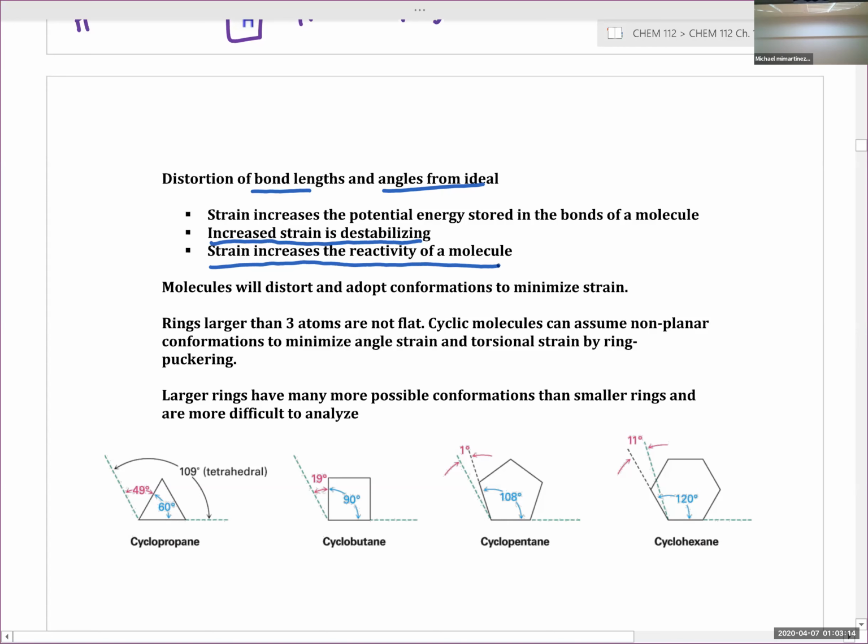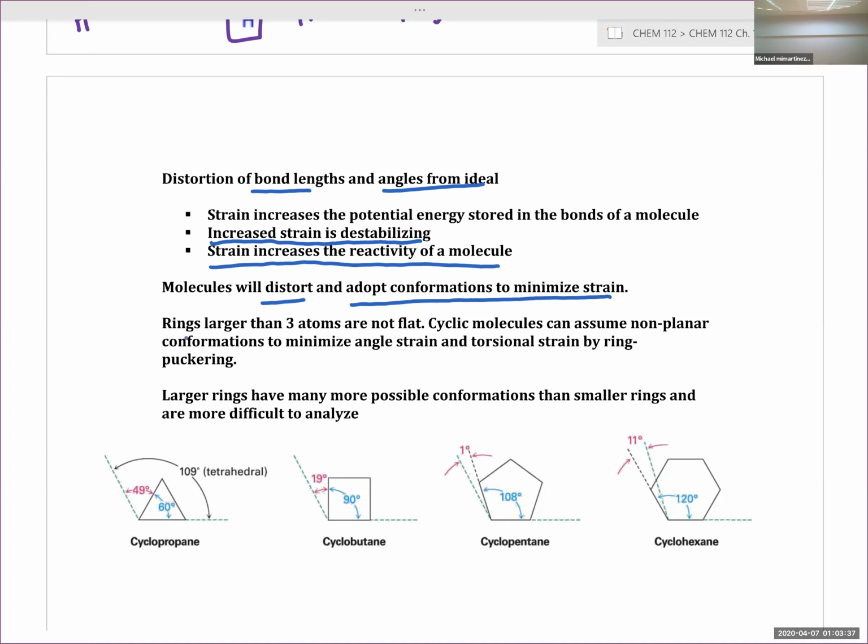Now, it's really important that we don't just think of many of these systems as flat, because molecules will distort and adopt conformations to minimize strain: to minimize angle strain, torsional strain, and steric strain.